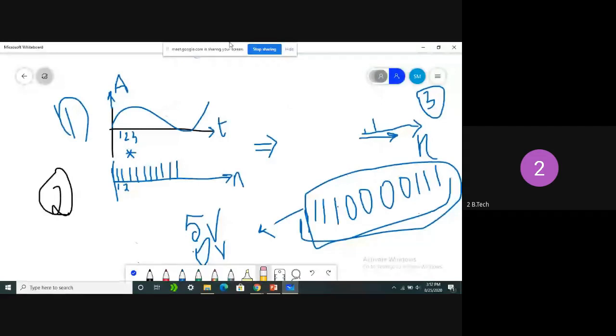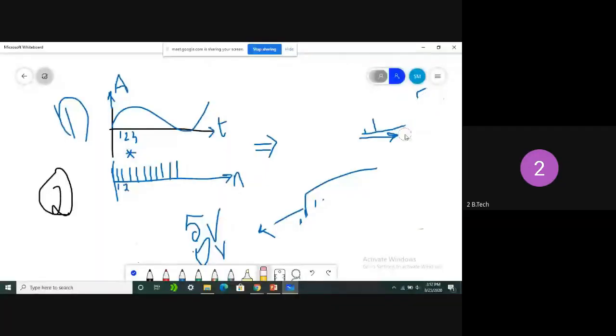Why? Because every digital system works only on digital signals like these ones and zeros. Every digital signal can easily be represented by ones and zeros only. By representing like this, noise will be very less and accuracy will be very high. If you take an analog camera and a digital camera, which one is more efficient?